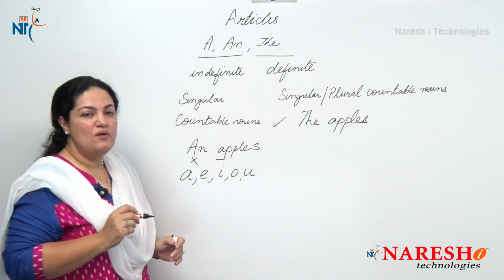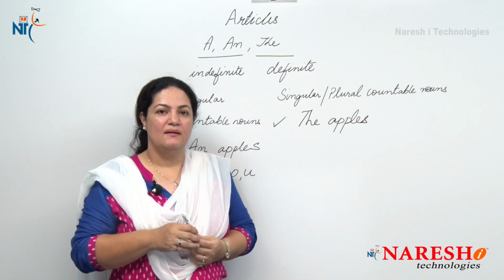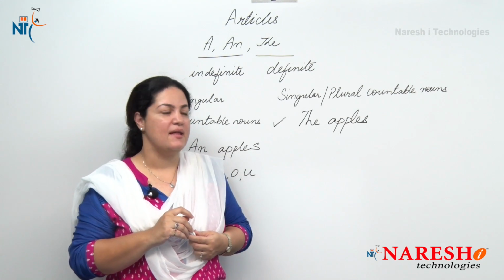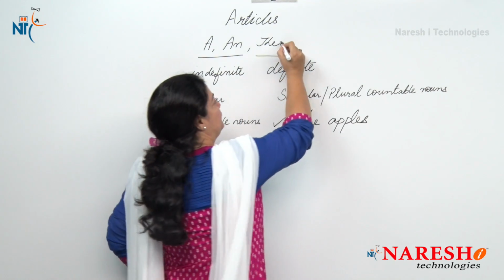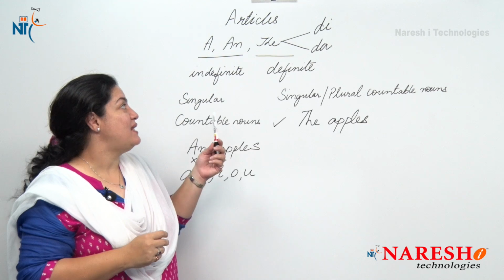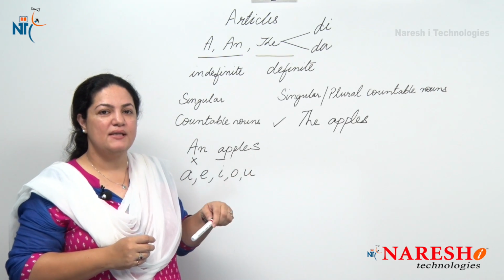Now here if you noticed, I said the apples and the apples, which is correct. Now if you don't have an idea, I will give you a very simple rule to identify that. Now the is pronounced in two different ways. You say the as well as the. When do you say the and when do you say the?